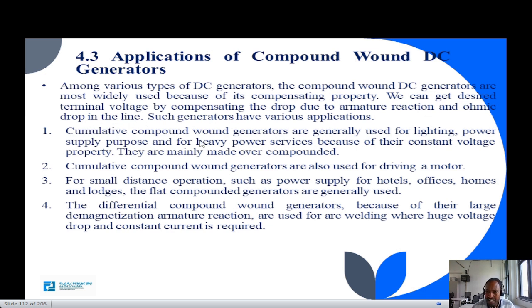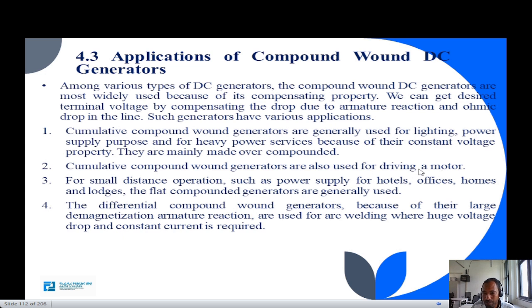Such generators have various applications. Cumulative compound generators are generally used for lighting, power supply, and heavy power service because of their constant voltage property. They are mainly made for over-compounded operation mode. Cumulative compound generators are also used for driving motors.